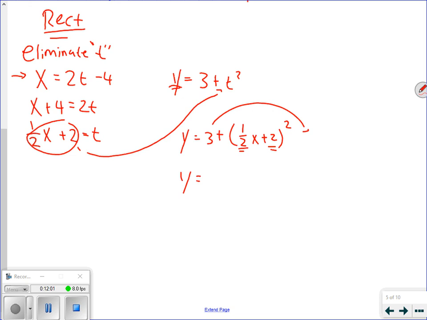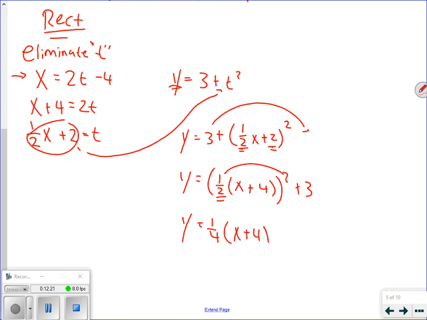So I'm gonna have 1/2 distributed out of this binomial, and I'm left with x plus 4. And then if I take the 1/2 out squared, y equals 1/4 (x plus 4) squared plus 3.